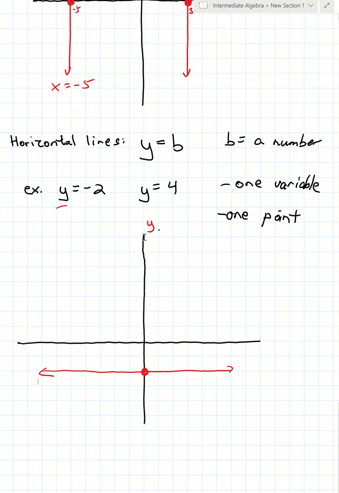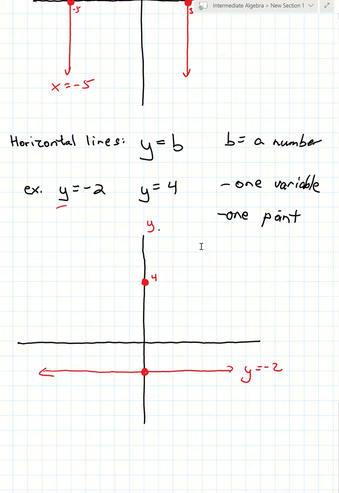If I want to graph y equals 4, this is the equation y equals negative 2. Now I want to graph the second equation, y equals 4. So once again, I start at the origin, and I have to move up 4 units along the y-axis in the positive direction. 1, 2, 3, 4, and I put my 1 dot, okay, because that's where y equals 4.